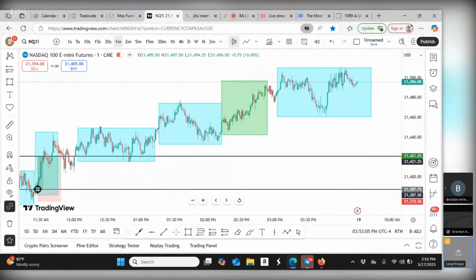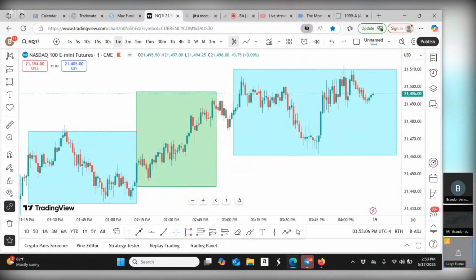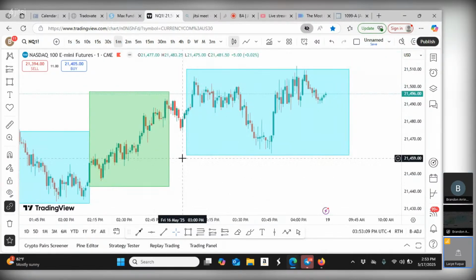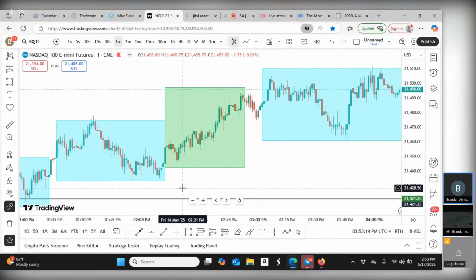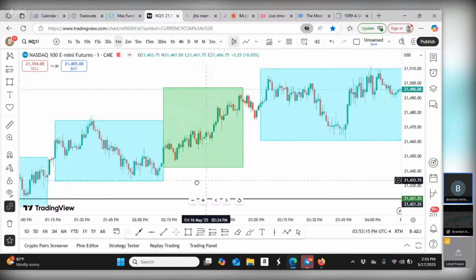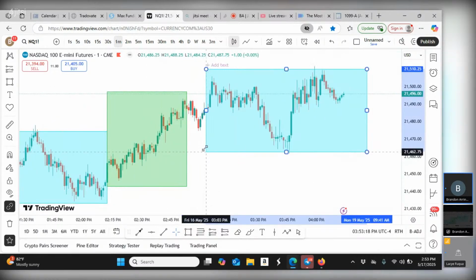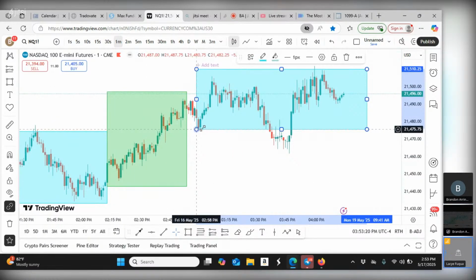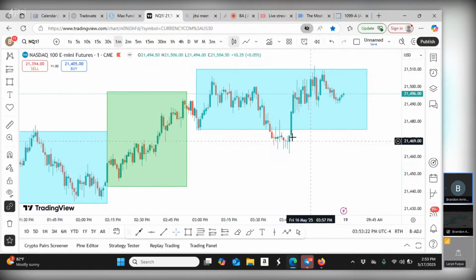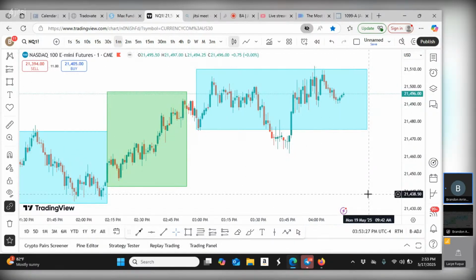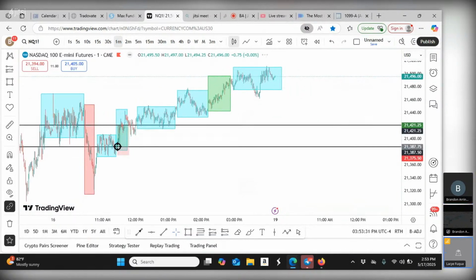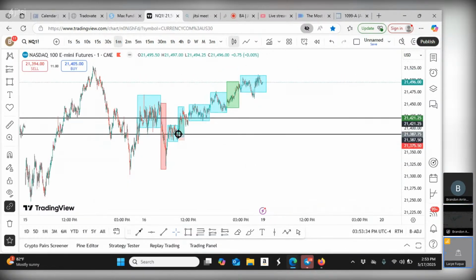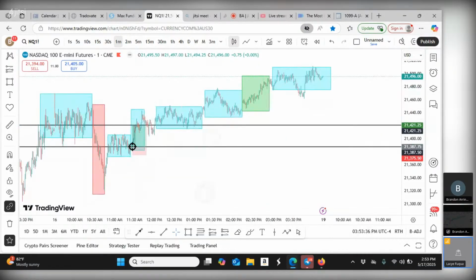Even though price overall is in a premium, you can still catch these little short term buys in between, but the real moves are the sells. You've got to keep in mind it's building back up. Is it building up to go higher or lower? That's your job, you've got to figure that piece out. It makes complete sense. Absolutely complete sense.